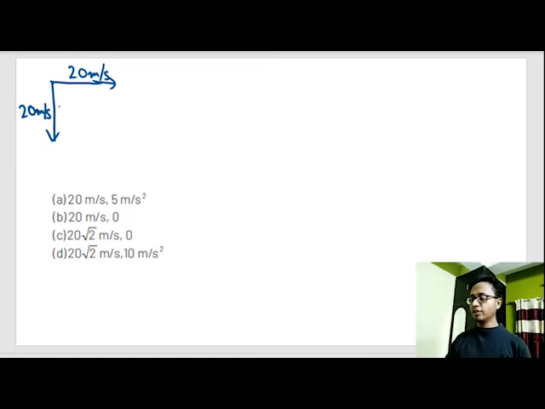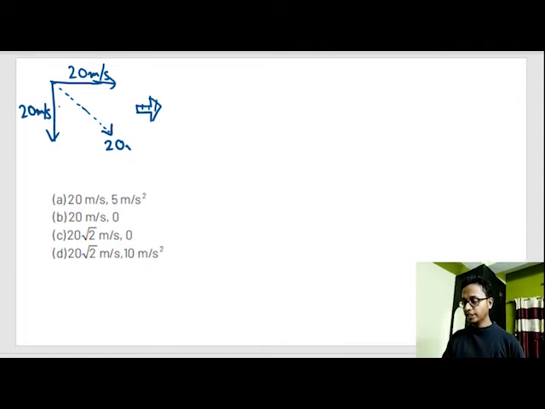What is the total velocity? That means you have to add these two. You can add these two directly, or you can shift them and add, or just because I have practiced so much, I can easily say this is 20 root 2.